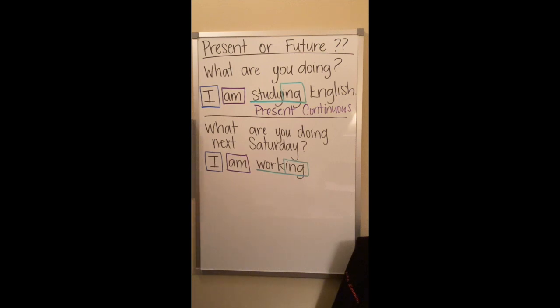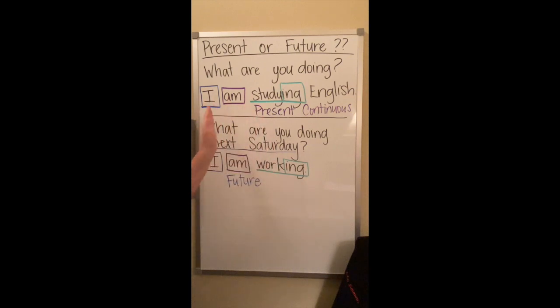But because I can read in my sentence these key words, next Saturday, I know that this sentence is talking about the future. Okay, so it will look exactly the same.